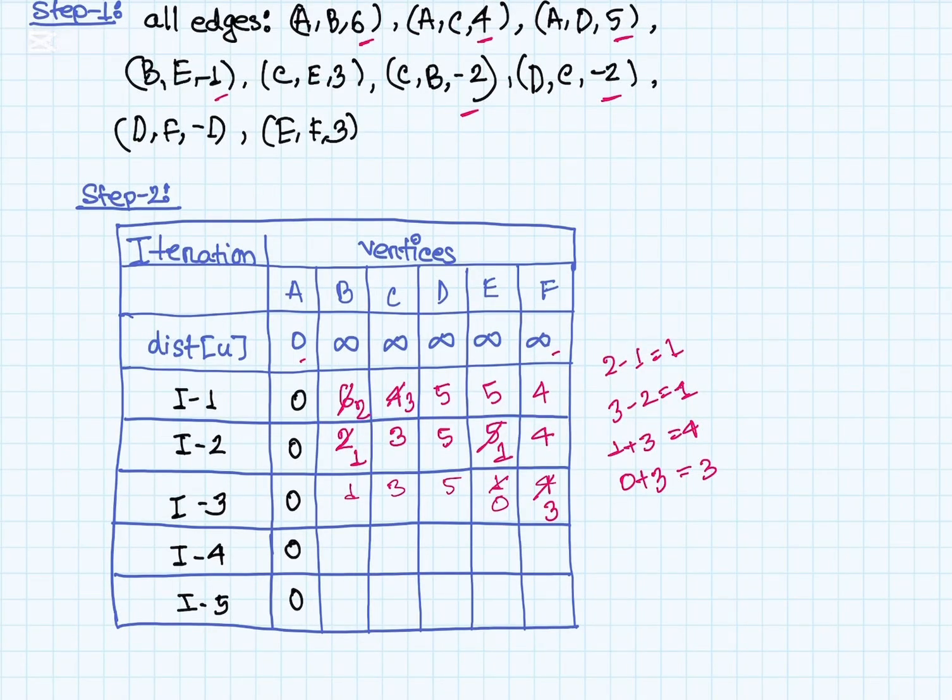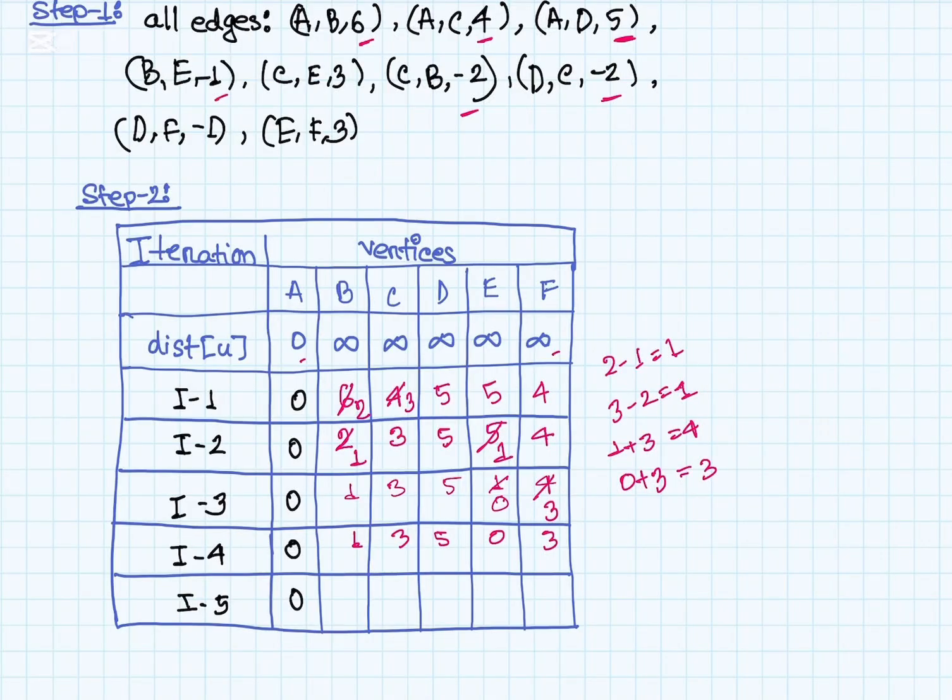Let's start the fourth iteration. In the first three edges, there would be no changes because it's greater than the distance already. B to E is minus 1, 1 minus 1 equals 0. It is written down as such. C to E is 3, which is greater than 0.